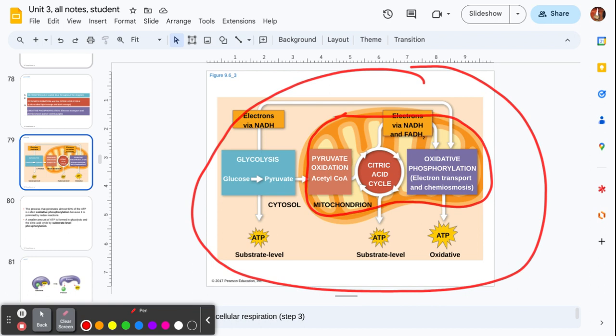And then what we're going to focus on today is this glycolysis, which is not taking place in the mitochondria, but instead it's taking place in your cytoplasm, your cytosol. And then depending on how much time we have, we may go into the second stage, which is this little guy here.